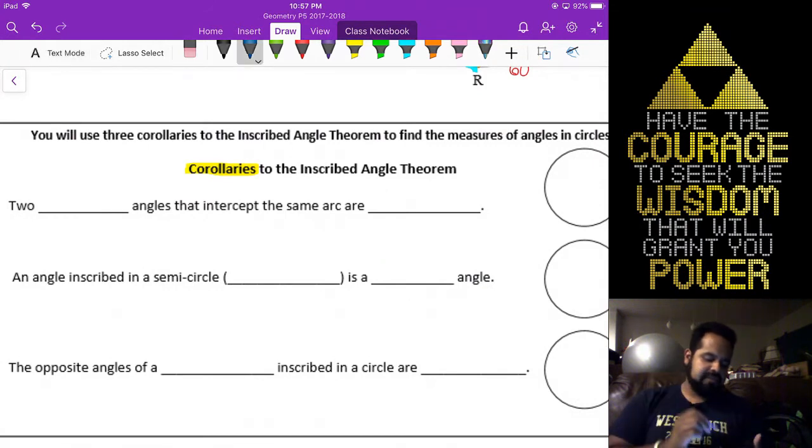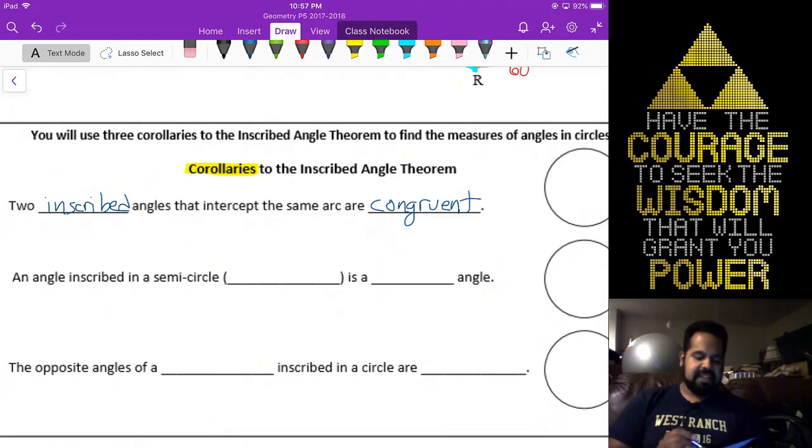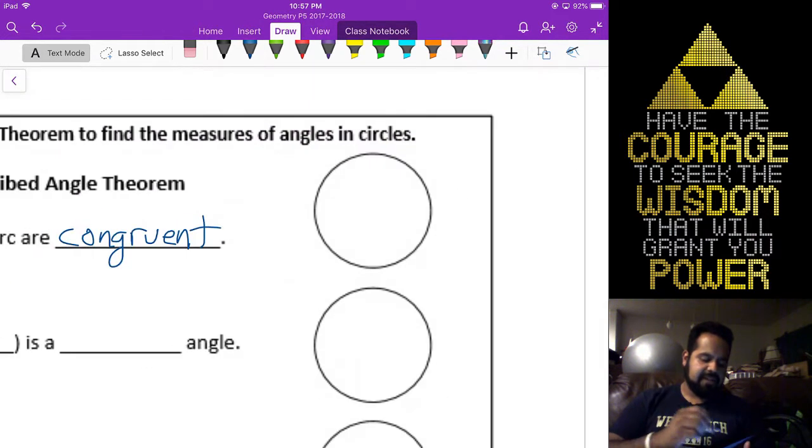First off, two inscribed angles that intercept the same arc are congruent. Now what this means for us is, if I create some inscribed angle, here's the arc that is formed.